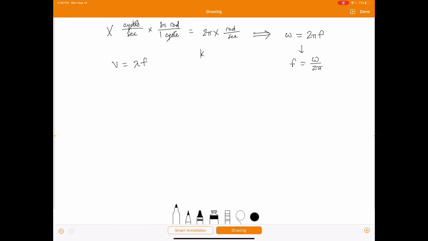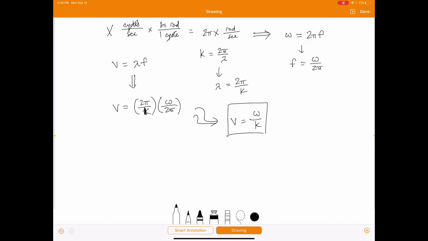We also know that K, the wave number, is equal to 2 pi divided by lambda, meaning lambda is 2 pi divided by K. So therefore, V is equal to lambda, which is 2 pi divided by k, multiplied by F, which is omega divided by 2 pi. That gives us the second result, which is V is equal to omega divided by k. So that's where those results came from.